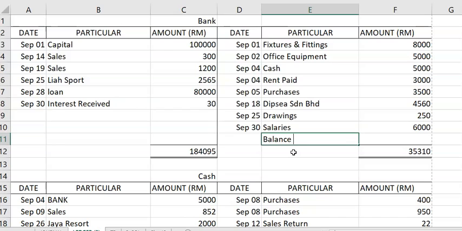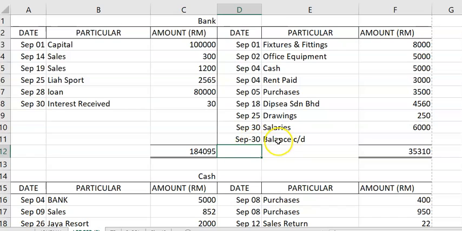Balance, and we usually write balance carry down, CD. But some of the old books will use CF, carry forward. It does not really matter, because the most important thing is to ensure that the date you calculate the balance is at the end of the month or at the end of the year.